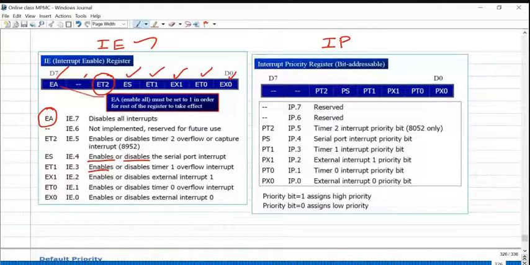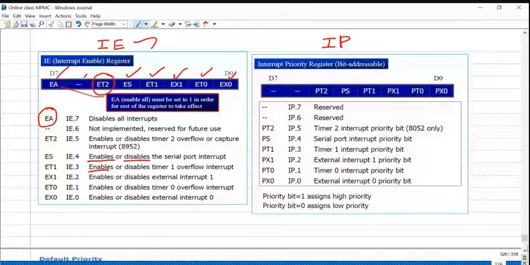Next one, interrupt priority. In the 8085 microprocessor we studied, among all the interrupts, what is the priority? TRAP first, then RST 7.5, 6.5, 5.5, and INTR. Similarly, here 5 interrupts are available. What is the priority among them?